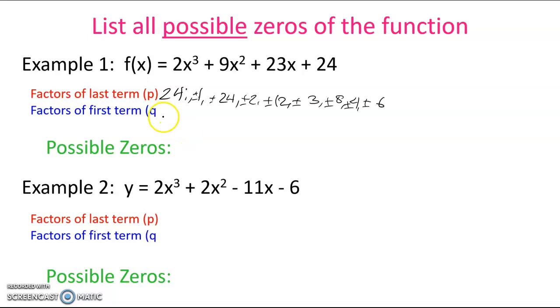Then I find the factors of the first term, which is 2. The only numbers that multiply to 2 are 1 and 2.